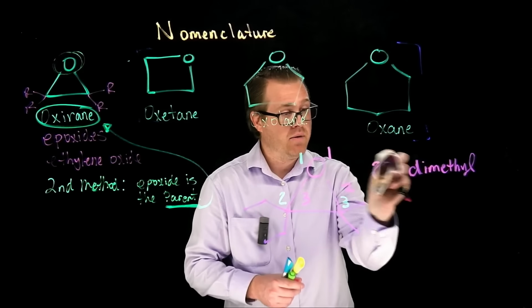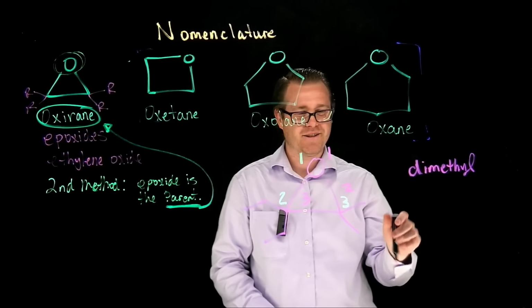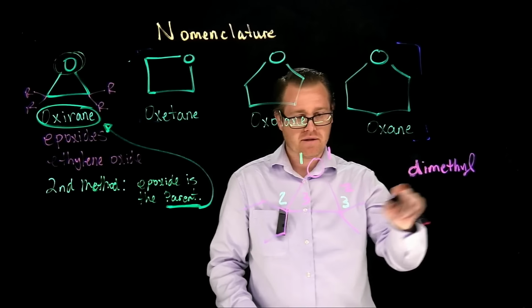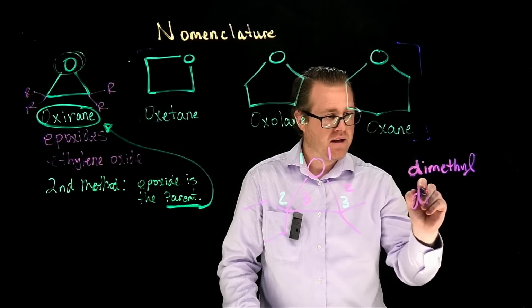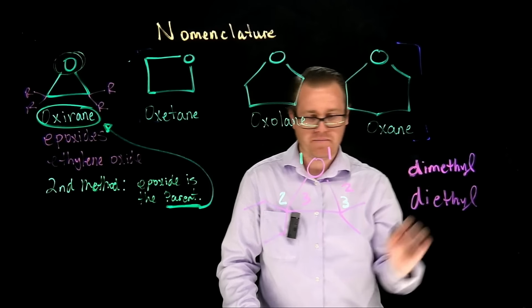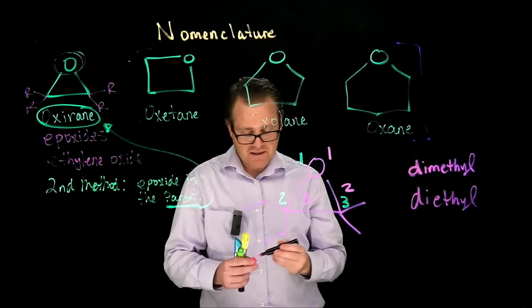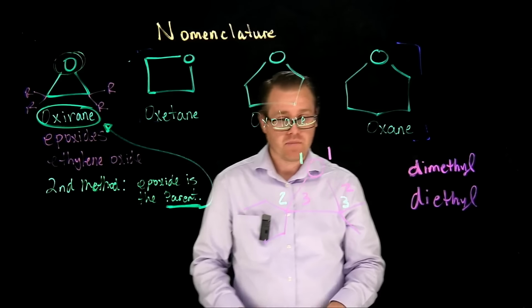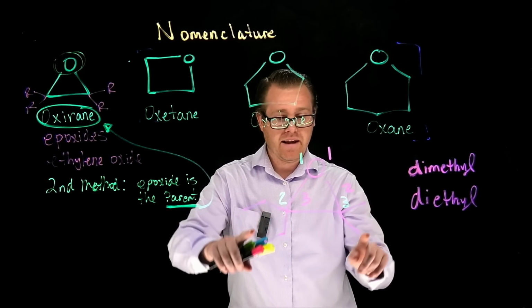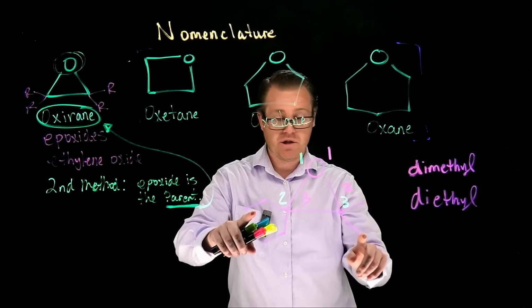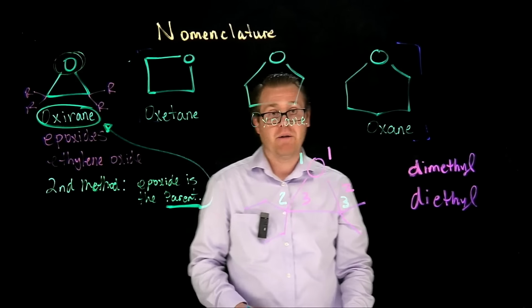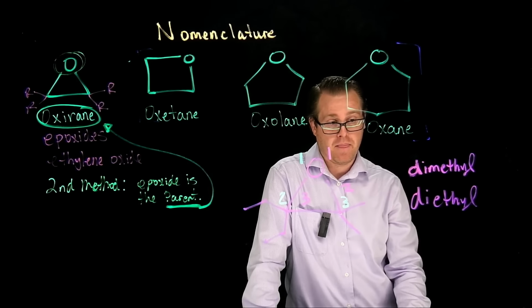Well, take away the numbers for a second here. So we have 2 methyls, and then we have a diethyl, right? Now this is how we know how to number it. Because everything else being equal, there's 2 substituents here, 2 substituents here. Now we just have to alphabetize it.